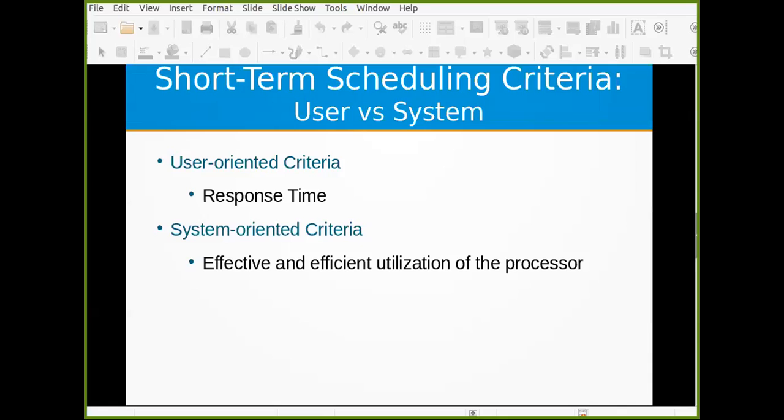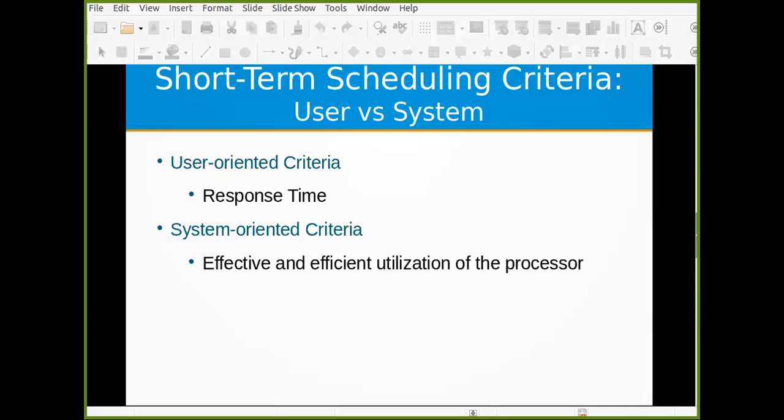One is user oriented and another is system oriented. User means you, who is working with the system, and system means your operating system and the hardware, your computer. So the scheduling criteria is by user perspective or by system perspective.